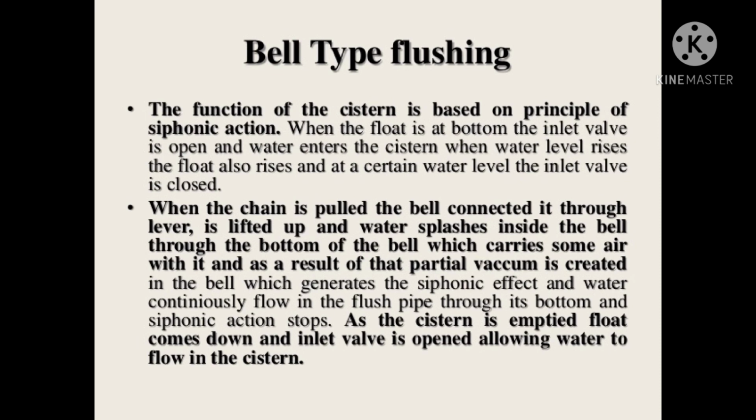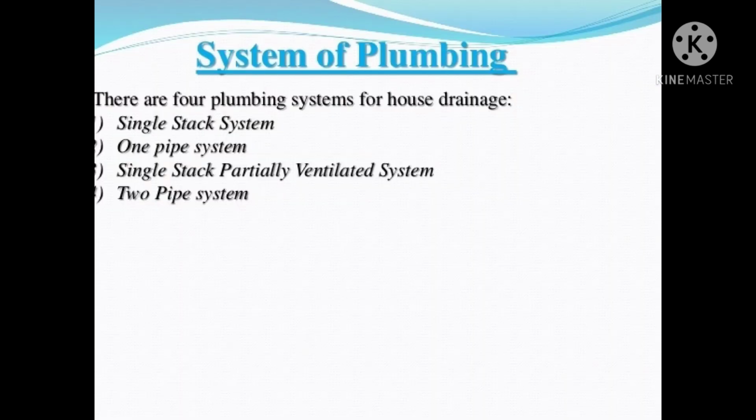As a result, a partial vacuum is created in the bell, which generates the siphonic effect, and water continuously flows in the flush pipe through its bottom until the siphonic action stops. As the cistern is emptied, the float comes down and the inlet valve is opened, allowing water to flow into the cistern. This process is continuously repeated.